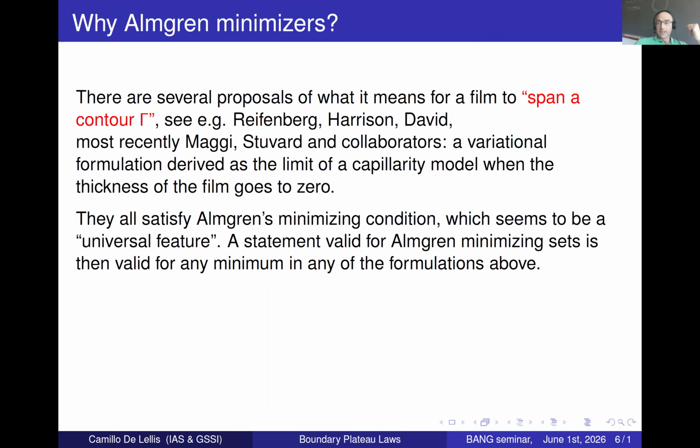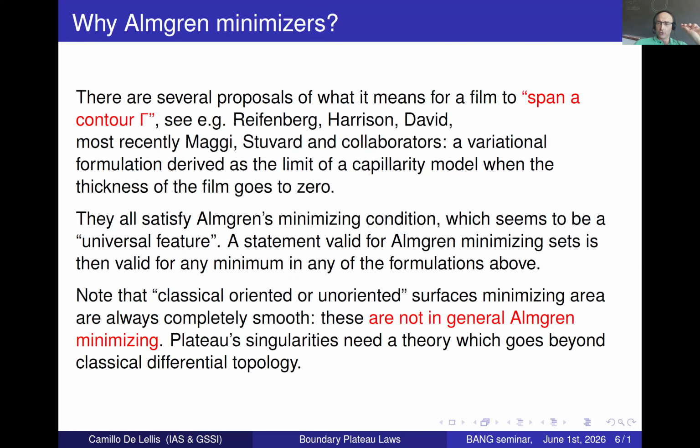In other words, if I state something like the Plateau laws, which look like a regularity theorem, for a minimizing condition which is satisfied by any of your theories, of course, I've proved a general regularity theorem which is going to apply in all of these cases. And I don't even need to dispute with you whether you picked the correct notion of what it means to span a contour gamma for your set E.